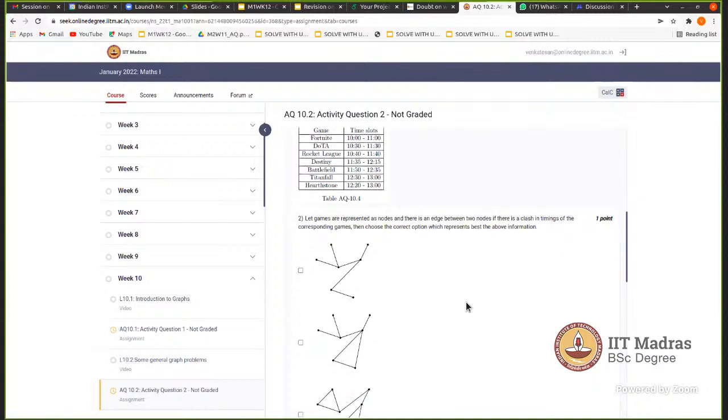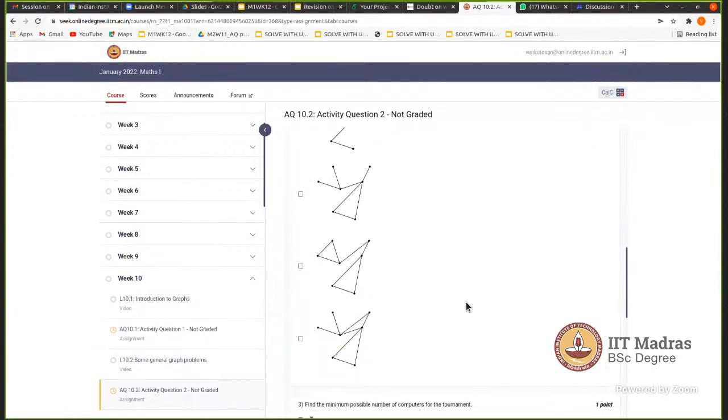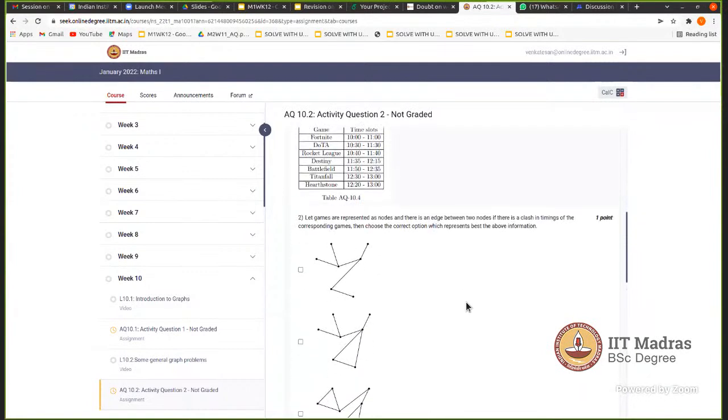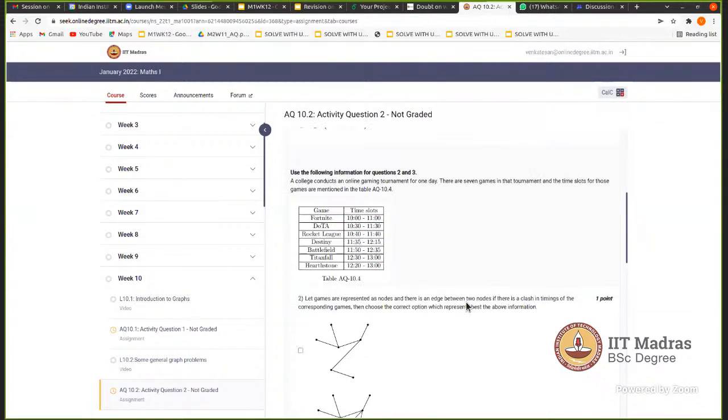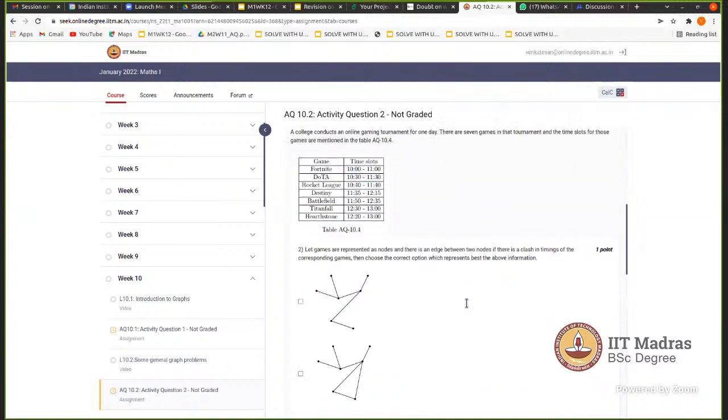But sir, I calculated that there are 7 nodes, and in all options there are 7 nodes. Yes, because there are 7 games, there will be 7 nodes. Now fix each node with one game. This vertex is for Fortnite, this vertex is for Dota, this vertex is for Destiny.